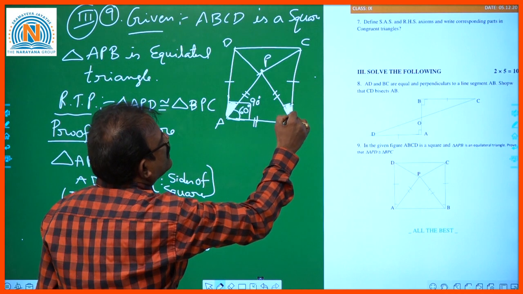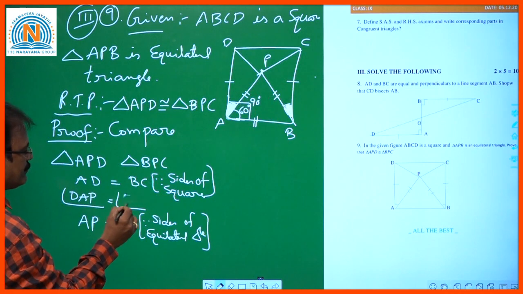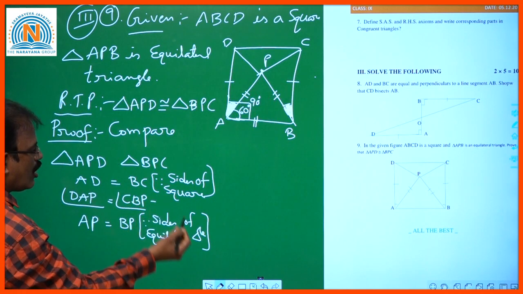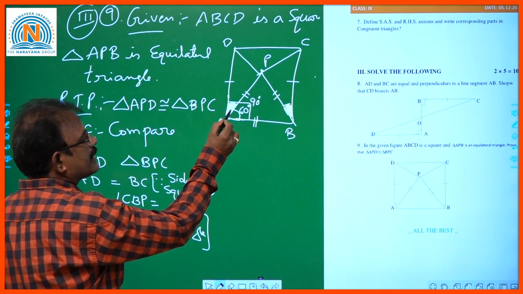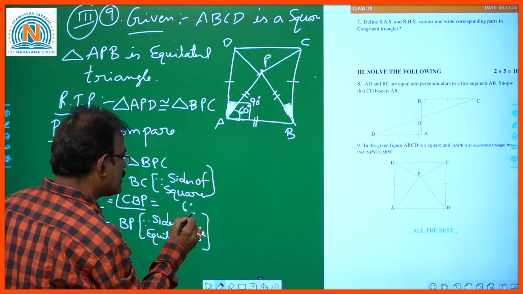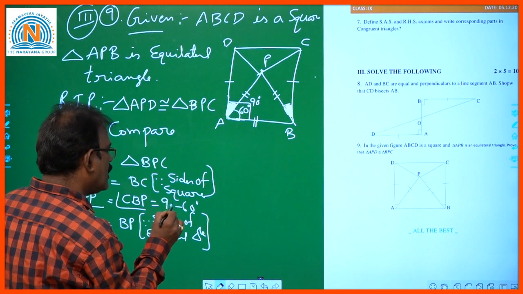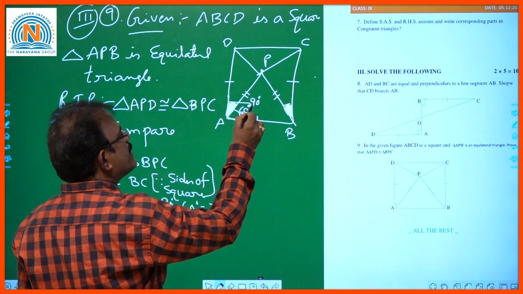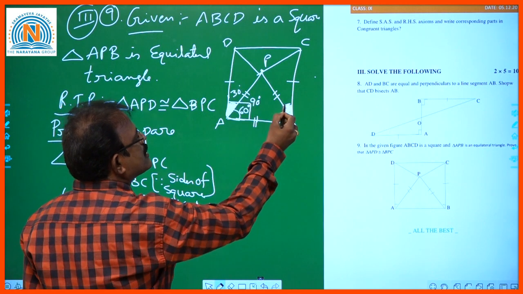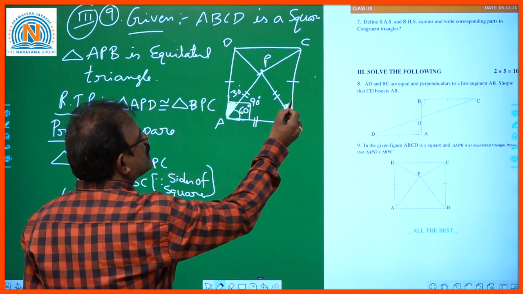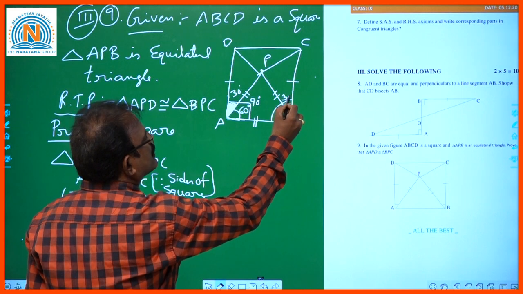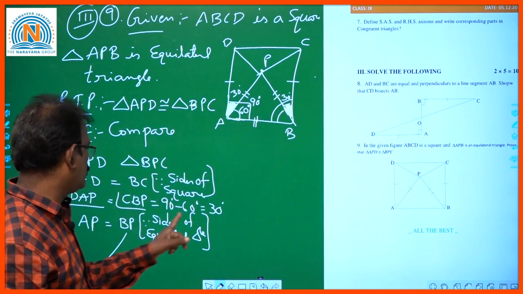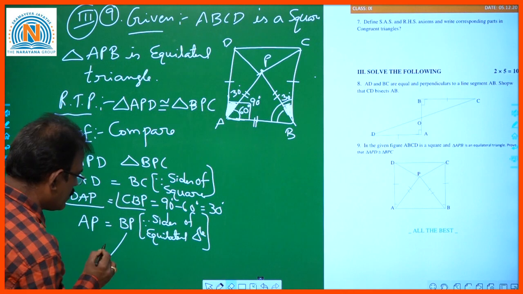Similarly, CBP. If you subtract 60 degrees from the angle in the square, that means 30 degrees. This is 60, this is 90, so this is 30. So 30, 30. So this angle becomes equal.